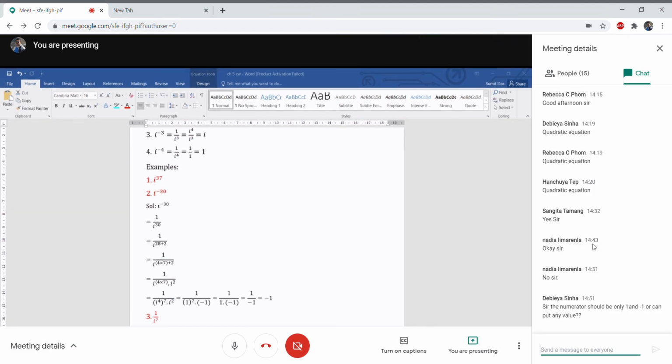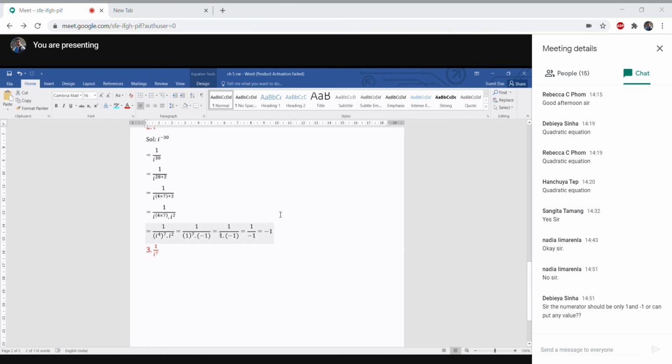So then the numerator should be only 1 and minus 1, or can be put any value? Which numerator you are talking about? I'm putting this part. Are you talking about this blue color part?